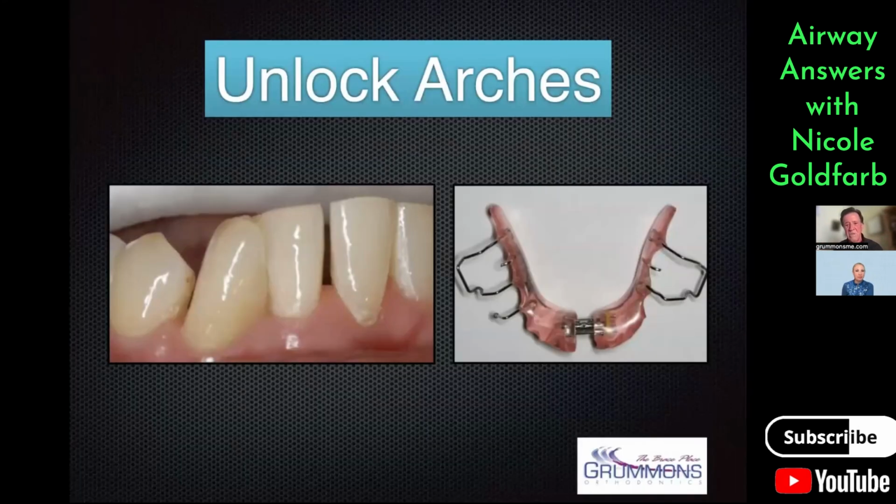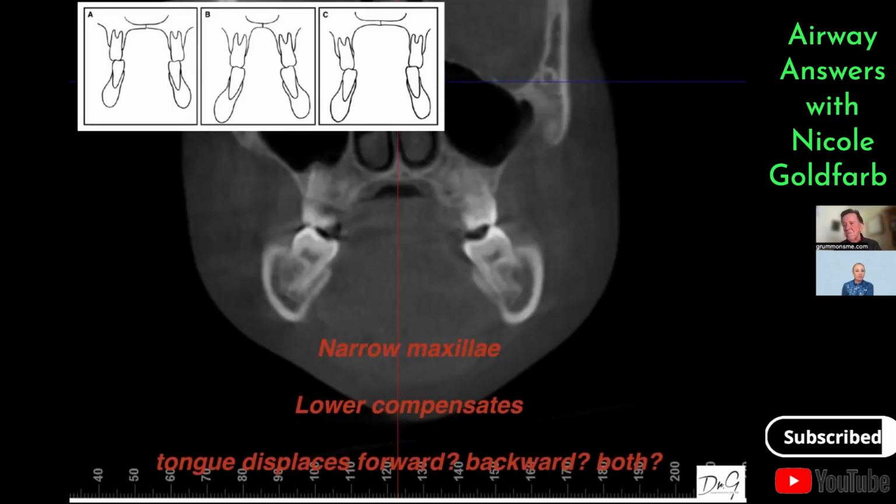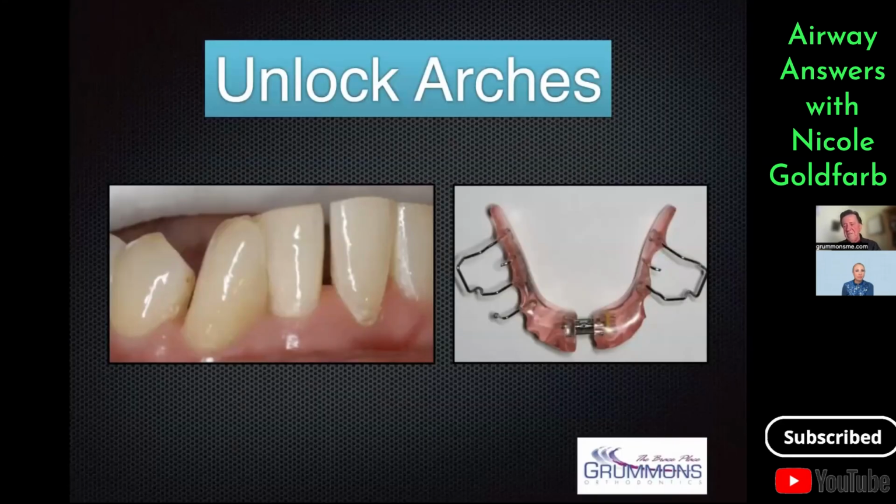And so we then say, well, the lower needs to be uprighting transversely. Even a simple Schwarz appliance initially can start tipping those teeth upright. And they don't just tip at the apex. There's a center of resistance and a center of rotation. So even something as simple as this is going to start uprighting the crown, but the root is actually going the other way.